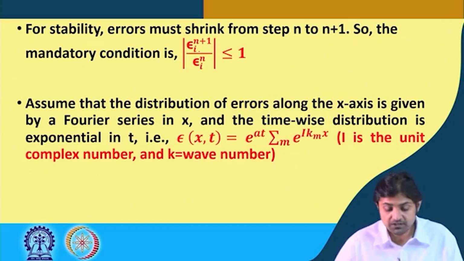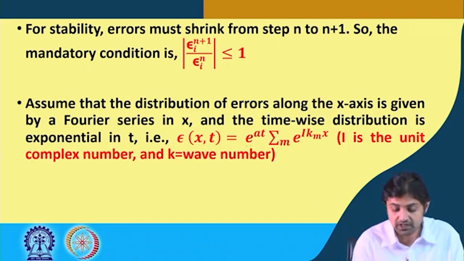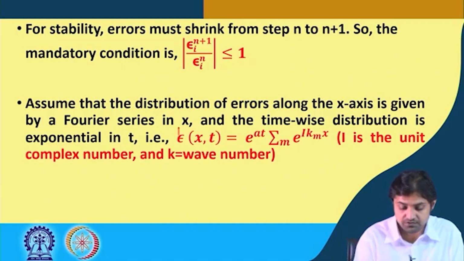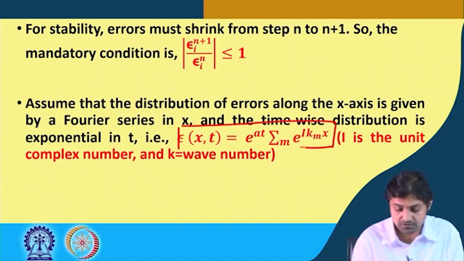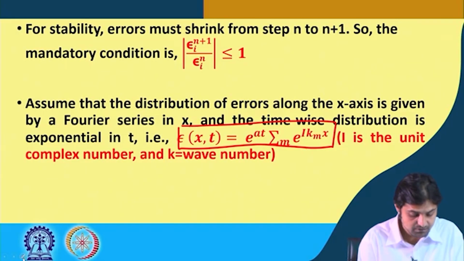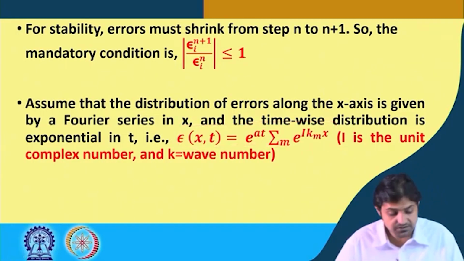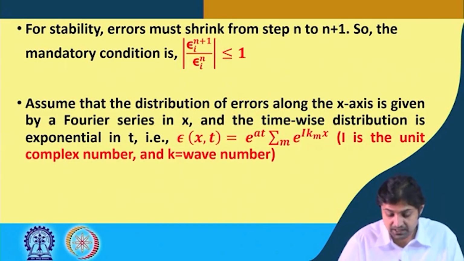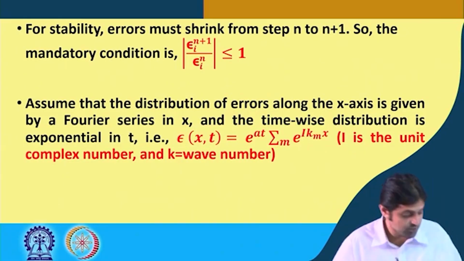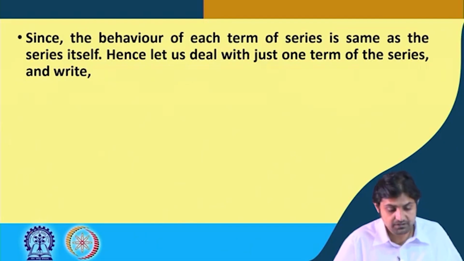If we assume that the distribution of errors along the x axis is given by a Fourier series in x and the time-wise distribution is exponential in t, then we can write epsilon of x comma t as e to the power a t times the series. Here I is the unit complex number and k is the wave number. This is very complex.